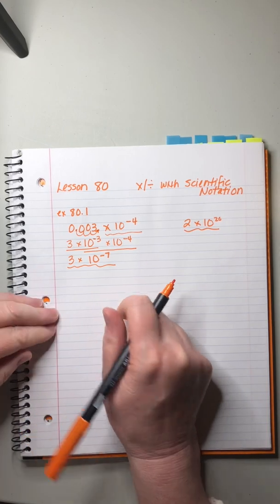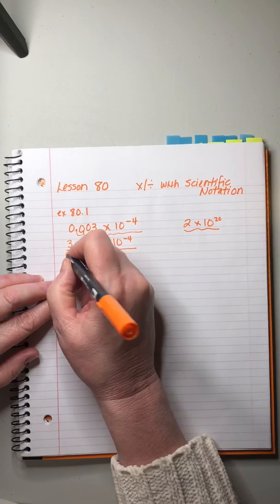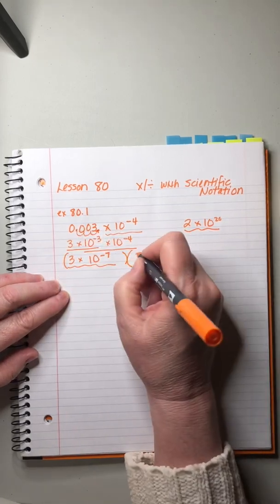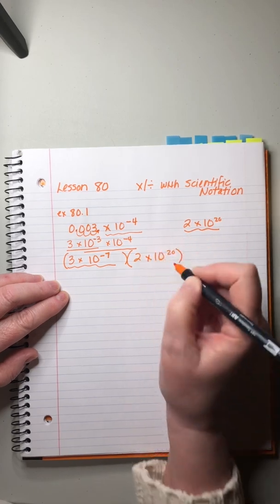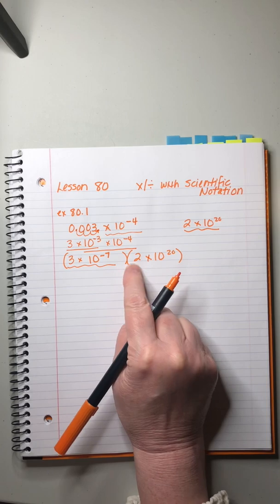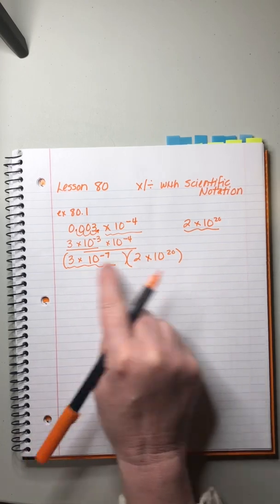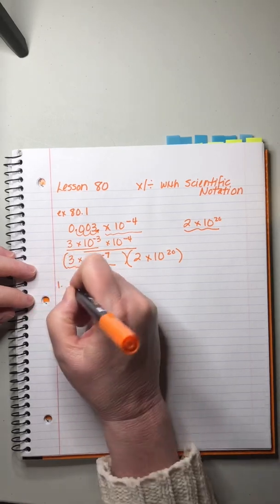All right, now we're ready to multiply these 2 numbers together. So I'm going to leave that one there, and then I'm going to write this one here just so it's a little closer and looks like an actual problem. This is the way we typically show multiplication in scientific notation, is we put them in parentheses and squish them. Okay, here's what we do. Step 1.